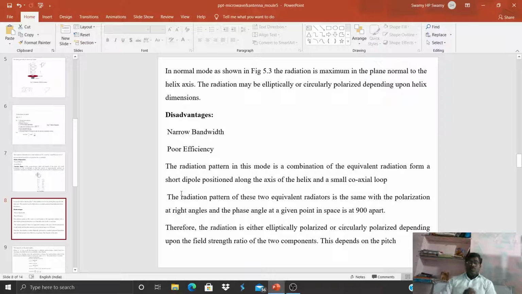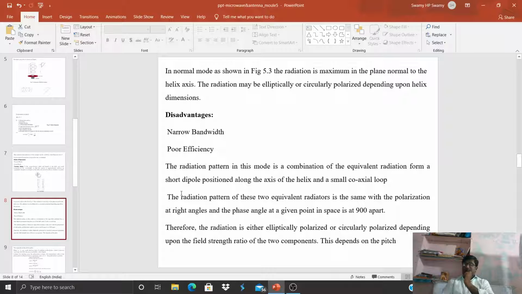In normal mode, radiation is maximum in the plane normal to the helix axis. The radiation may be elliptically or circularly polarized.